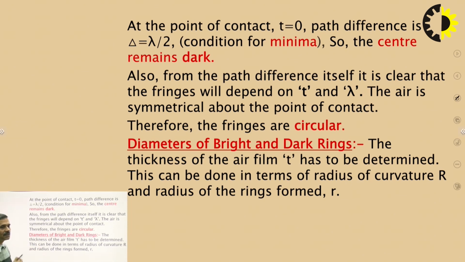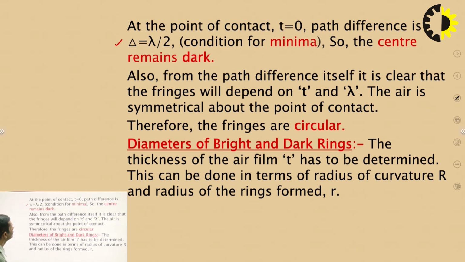There the thickness of the film is 0, so we can put t equal to 0. Then the path difference is only plus minus lambda by 2, or lambda by 2, and this is the condition for destructive interference, the condition for the minima. That means the center of the rings in the reflected system will always be dark. It remains dark.